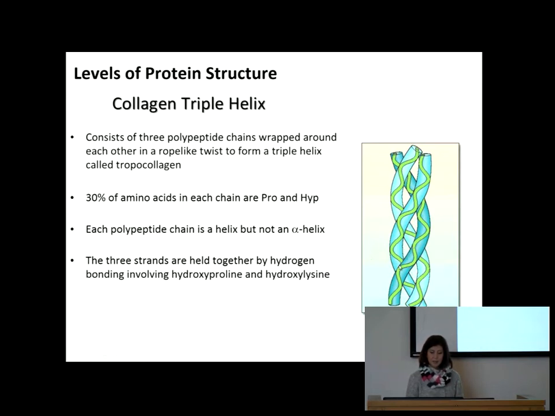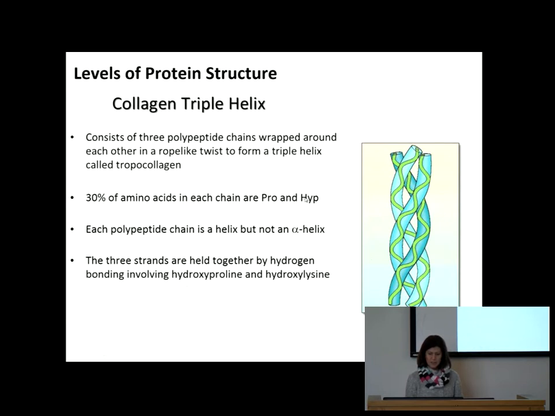And what does collagen do for us? And why do we get injections of it? I don't, not yet. Think about it. Proline and hydroxyproline.